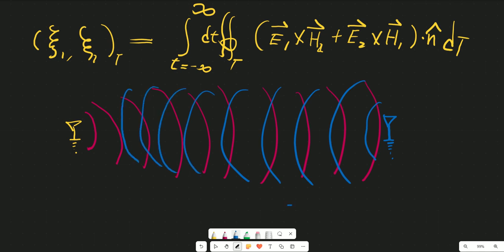For the advanced wave, the time t takes a minus value. Hence, these two waves can be synchronized. When synchronized, they create a mutual energy flow.